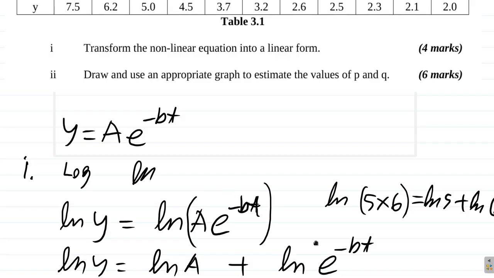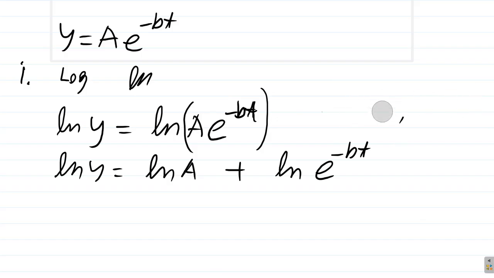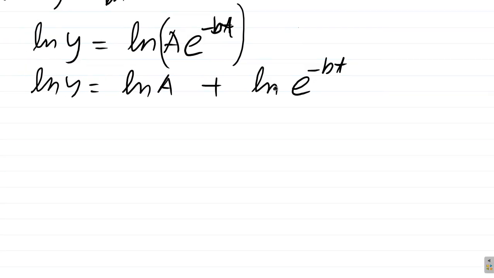But then the other thing is, you have ln of a number to a power. That's the power there. Now, you remember how to deal with that. Let's just erase this because this was just to remind us of something. How do you deal with this part?